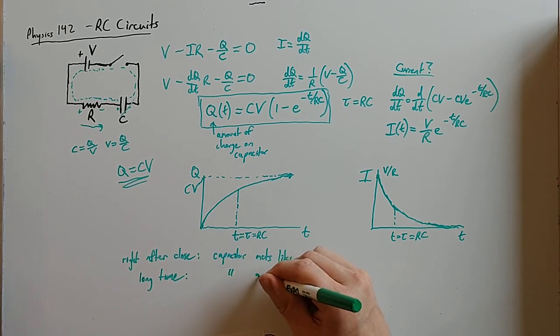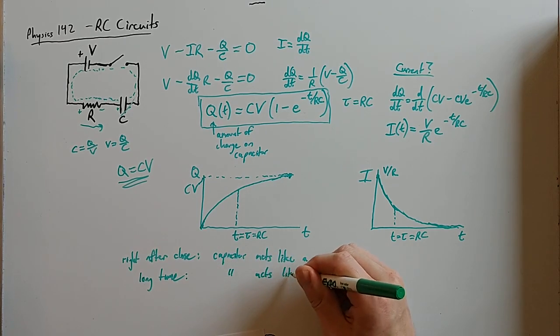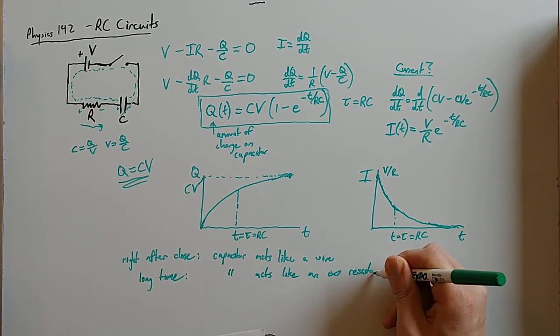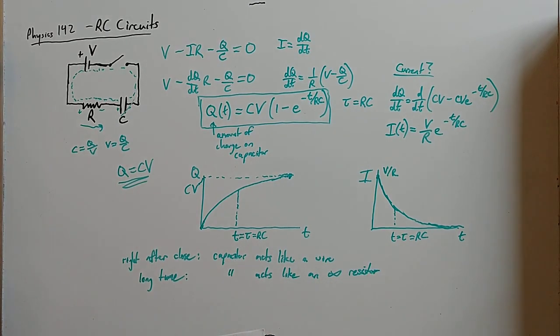The capacitor acts like an infinite resistor. It doesn't allow any current to flow after a long time once it gets fully charged up. And so we can do an example of this, and I will do that in the next video.